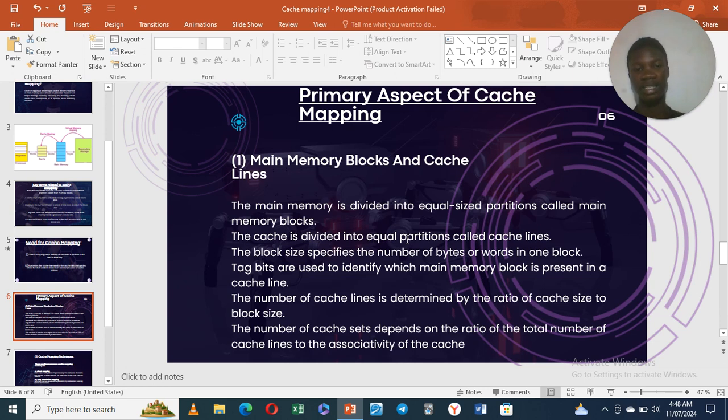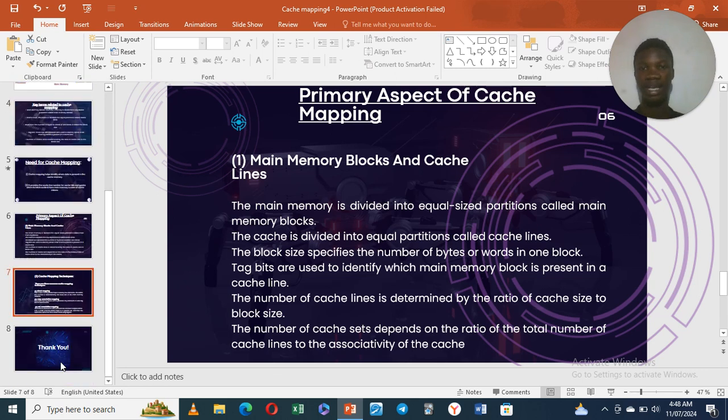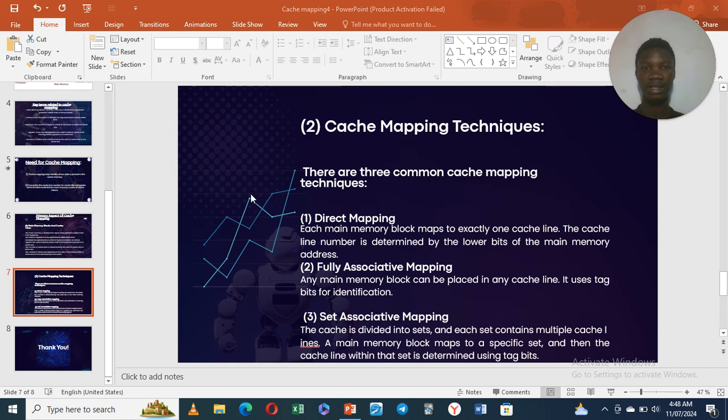The number of cache lines is determined by the ratio of cache size to block size. The number of cache sets depends on the ratio of the total number of cache lines to the associativity of the cache.